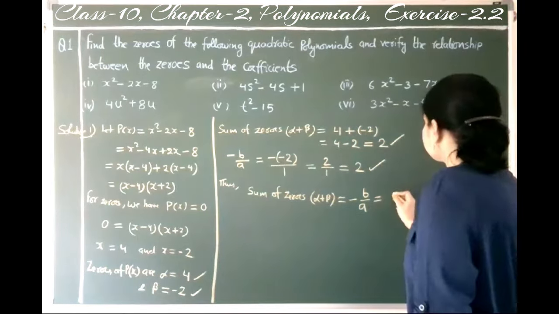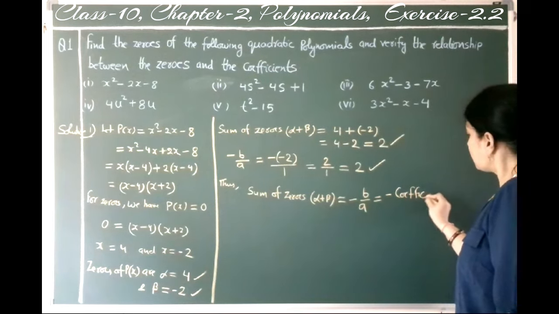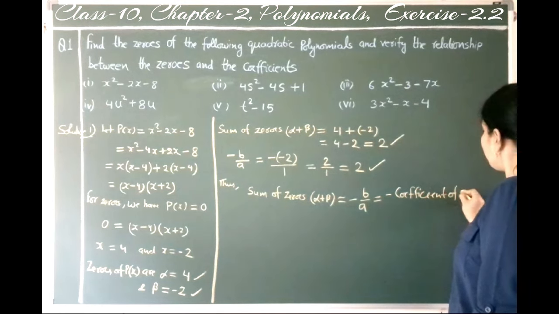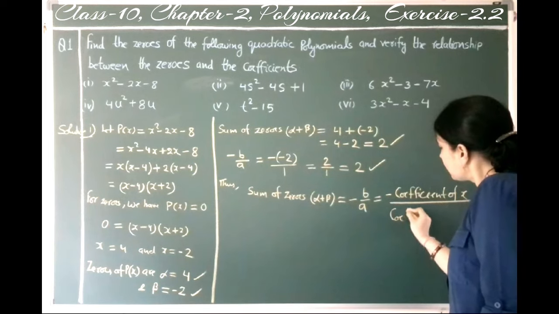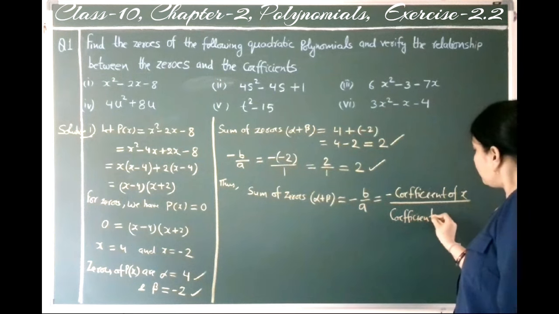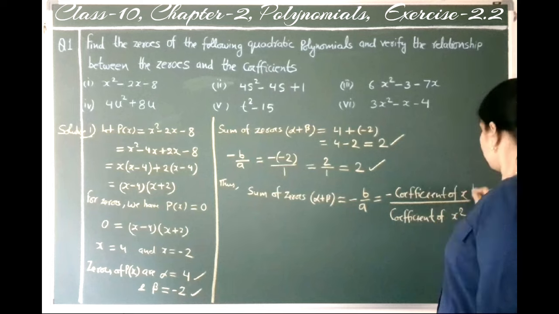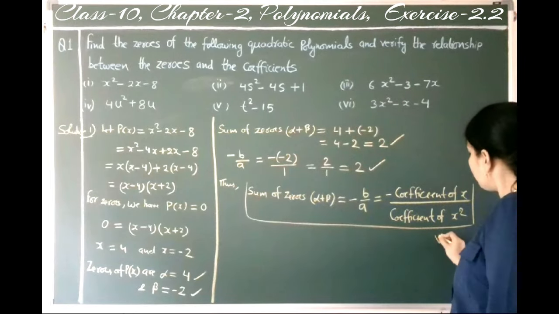That means minus coefficient of x divided by coefficient of x square. So this is verified.